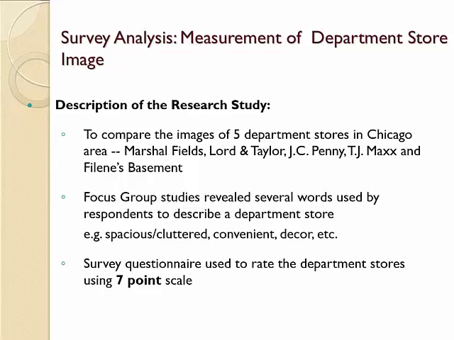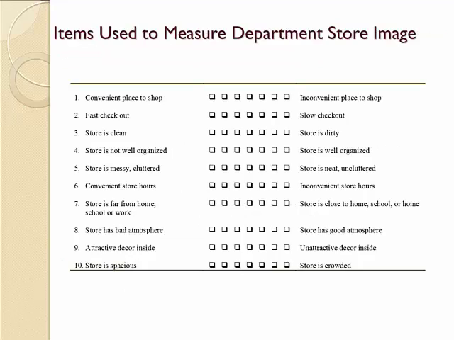Consequently, we framed the questions related to convenience and ambiance, and had each of the 5 respondents respond to each of the 5 stores on the 10 questions. So each customer would rate Marshall Field on these 10 questions and then take another sheet and rate Lord and Taylor and so on.